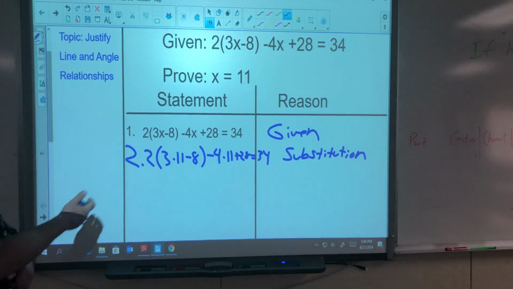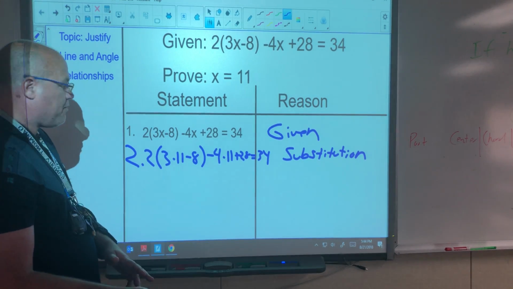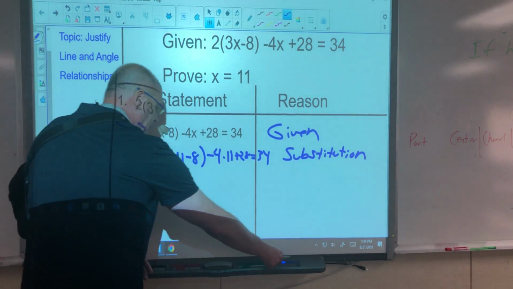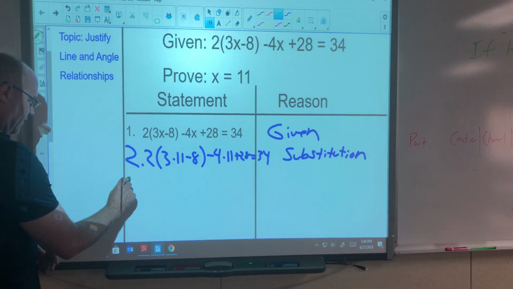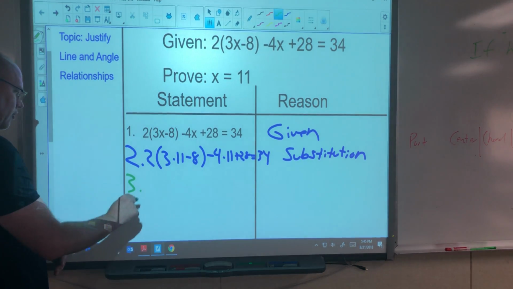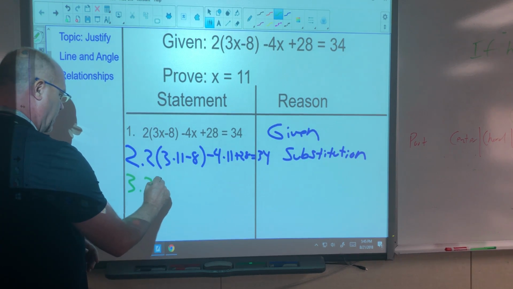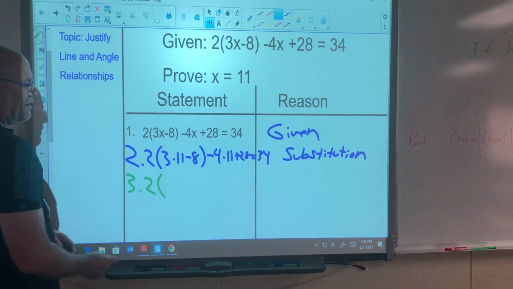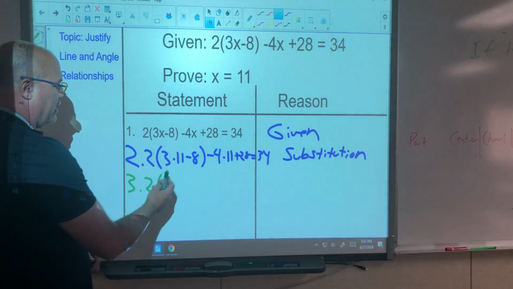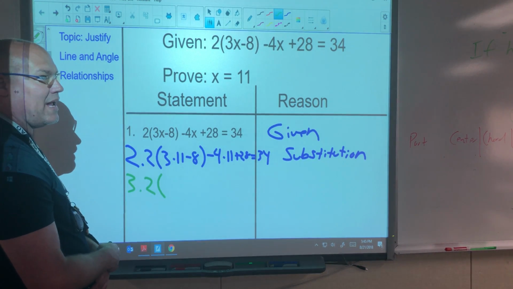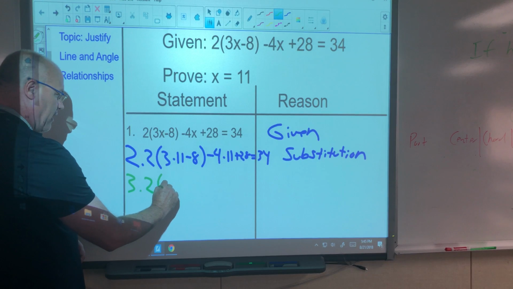All right. So now we're going to solve this. Following the order of operations, we would like to simplify inside the parentheses. So we are going to keep the 2 here. And I'm going to keep parentheses, but 3 times 11 is 33. 33 minus 8 is 25.